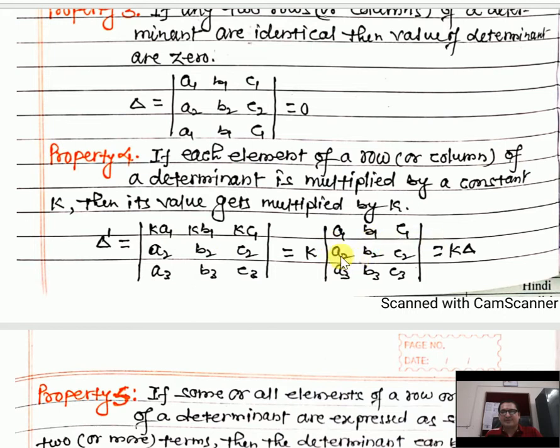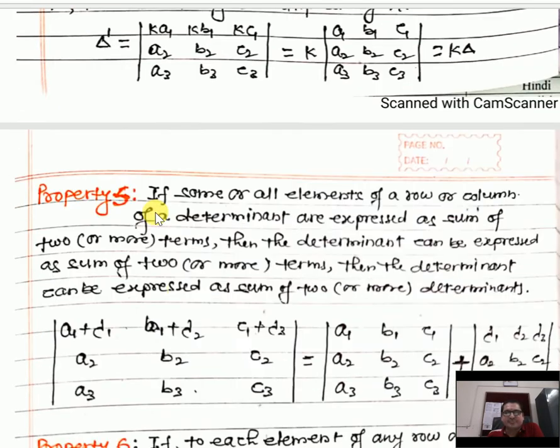So this determinant is equal to k times the determinant which you have taken. So if you are multiplying any constant value in any row or column, that constant k will be multiplied with the determinant.